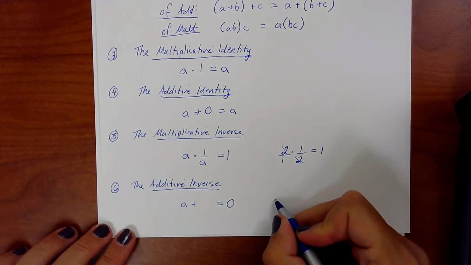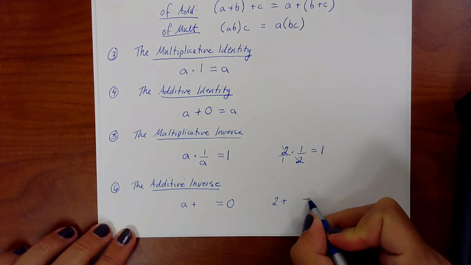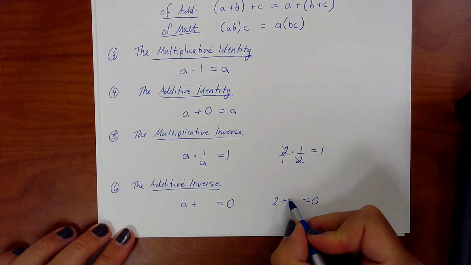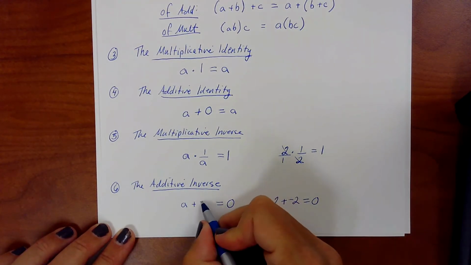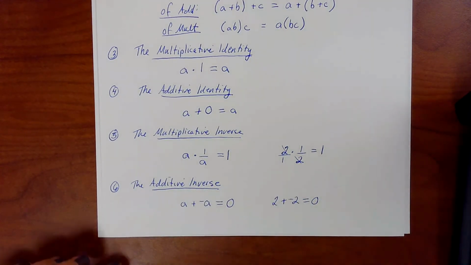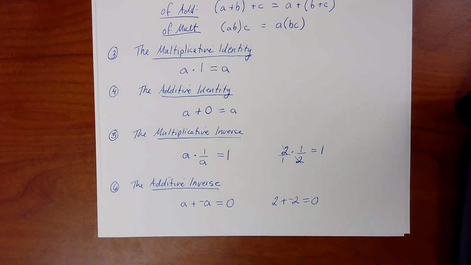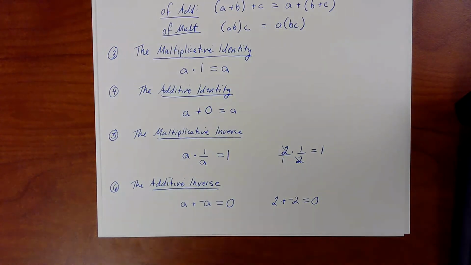Let's try it with a number again. 2 plus what would give us 0? Yeah, the opposite of 2, right? So this is going to be the opposite of a. That's the additive inverse. That always works, right? When you take a number, add its opposite to it, you get back 0. Okie doke.